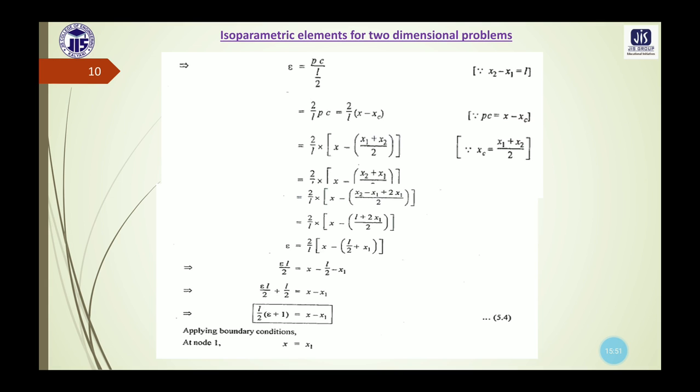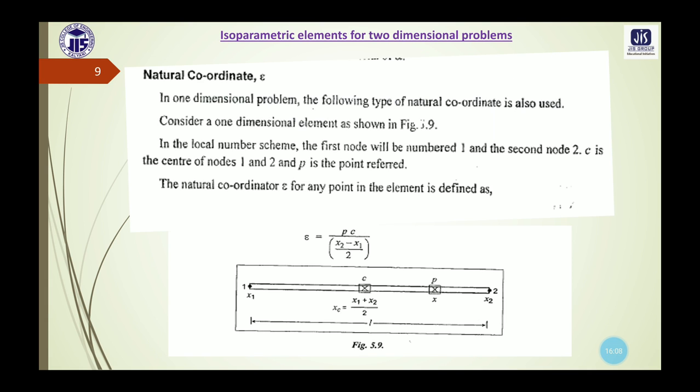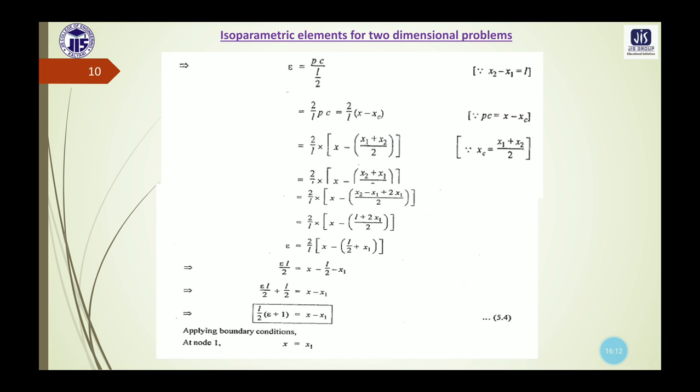Instead of xc, we can write (x1 plus x2) by 2, because this xc is the middle point, the center of nodes 1 and 2. That's why xc was (x1 plus x2) by 2, which we have seen in figure 5.9. So instead of xc, we have put (x1 plus x2) by 2.